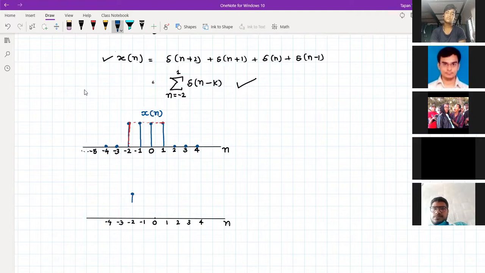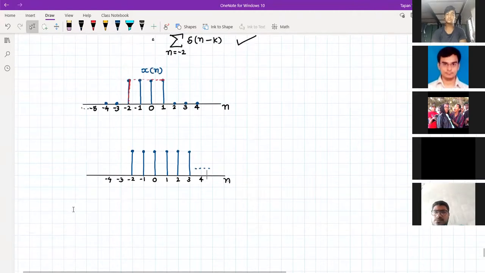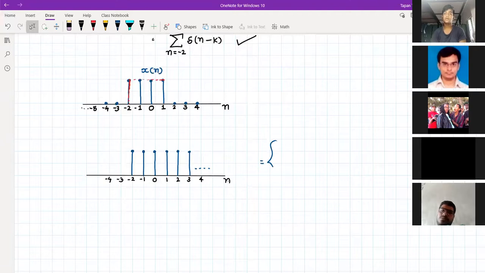So let us say that the signal starts at -2, -1, 0, and 1, and I can continue this up to infinity. The function has 1 for n greater than or equal to -2, and it has 0 for n less than -2.